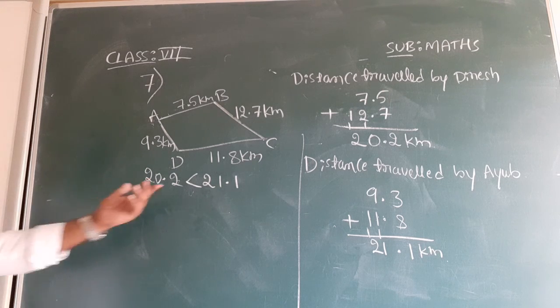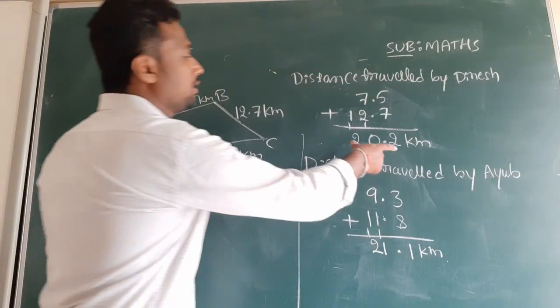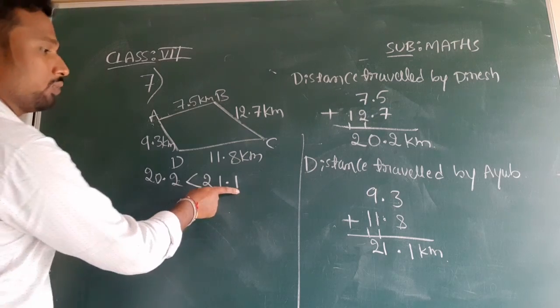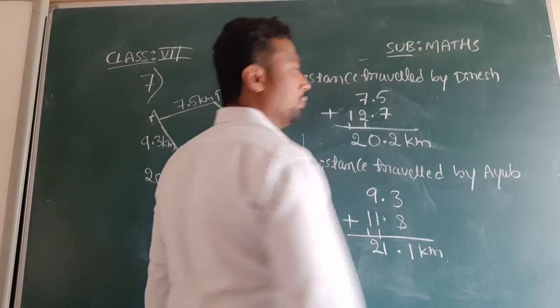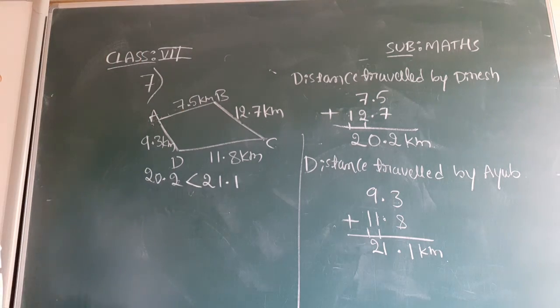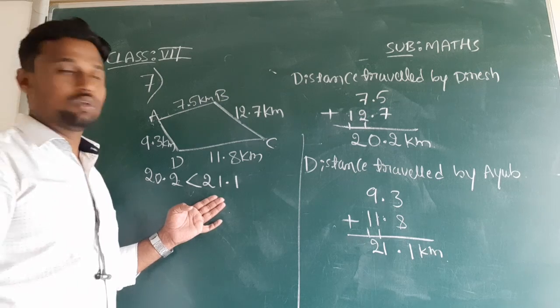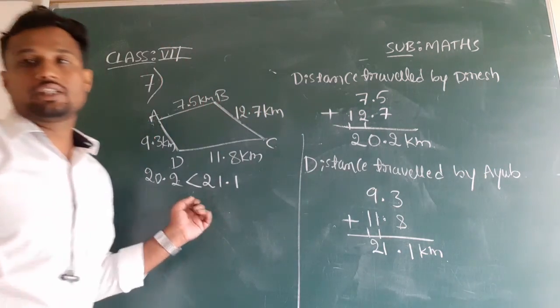So now, based on this, you can write here who traveled 20.2 kilometers. This is the distance traveled by Dinesh. And who traveled 21.1 kilometers? This is the distance traveled by Ayub. So we got to know that this 21.1 is greater than 20.2, means Ayub traveled more distance than Dinesh.